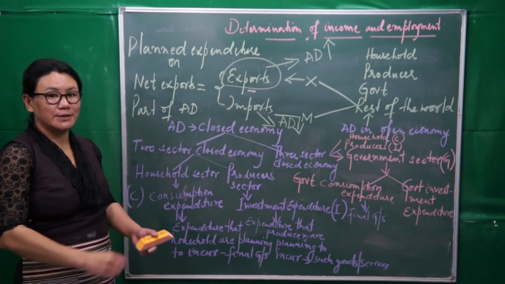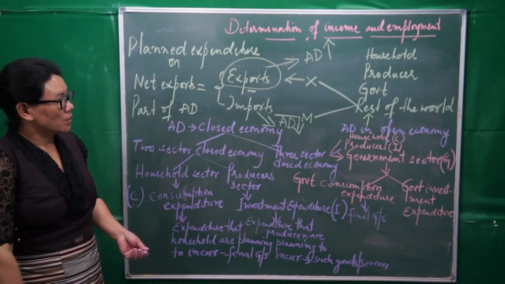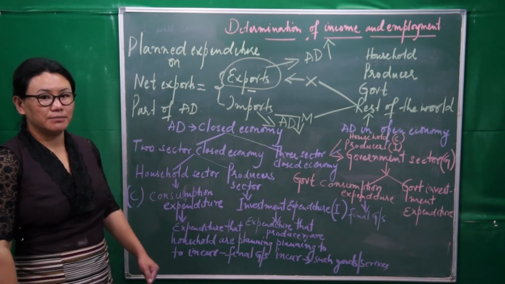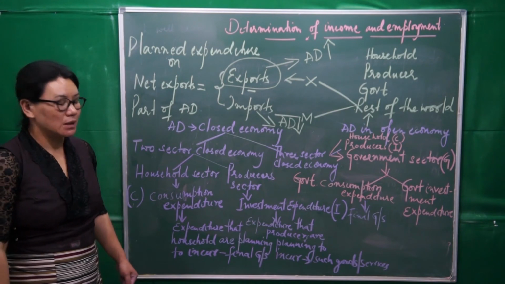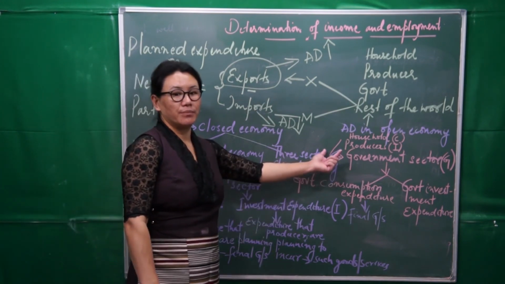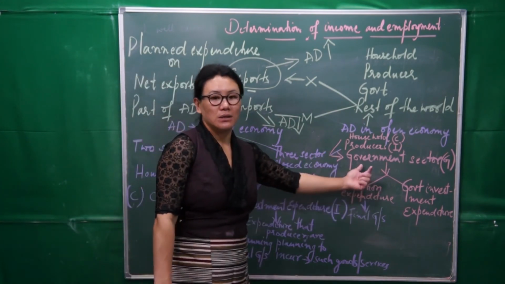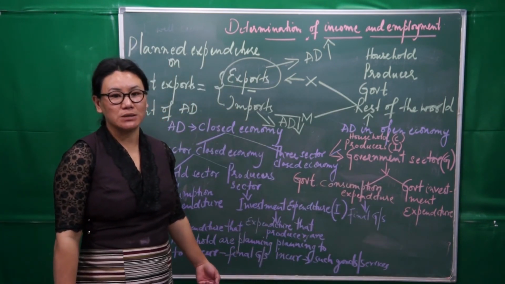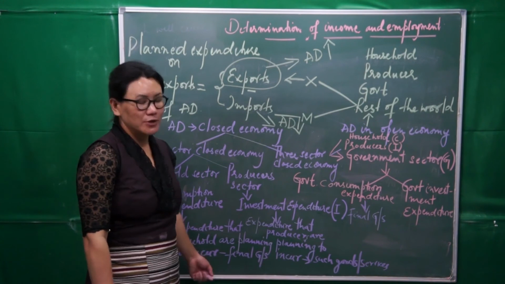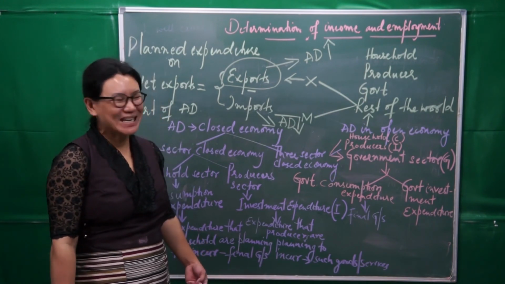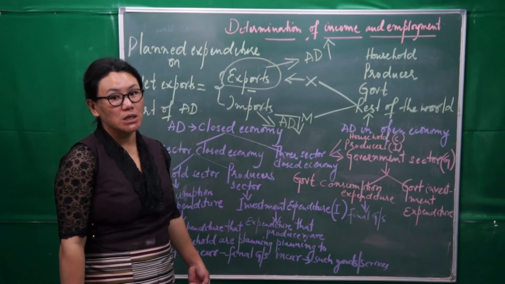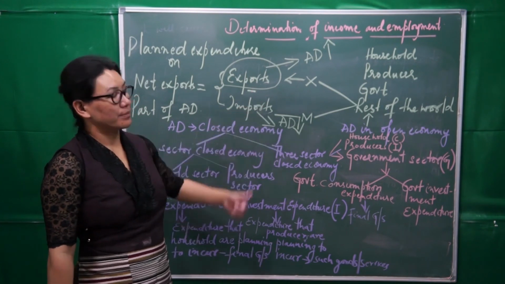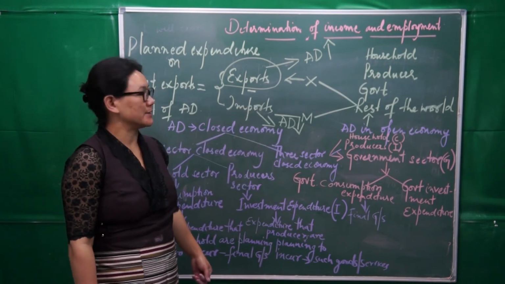So, these are the people. I said before in the meaning, these are the sectors that are planning to spend on the purchase of goods and services produced in an economy during 1 year, and they will make the components of AD.